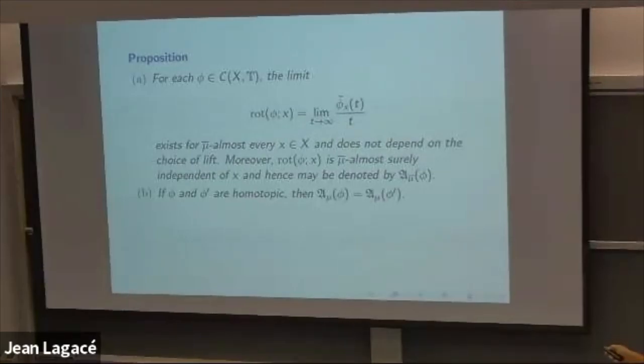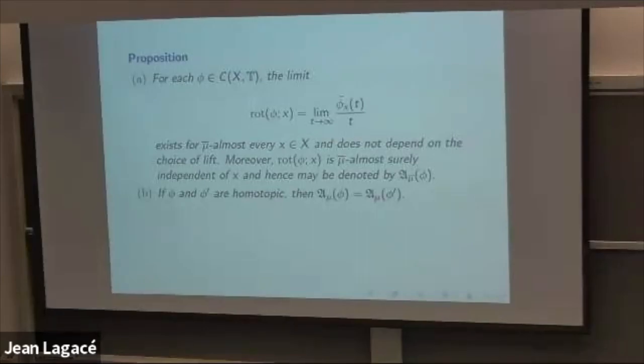And if they do, this really has the interpretation of a rotation number. It's the average number of rotations per time unit as you send t to infinity. And the reason why this limit exists is, again, ergodic theory. So it's the ergodic theorem. The limit will exist for mu bar almost every x.